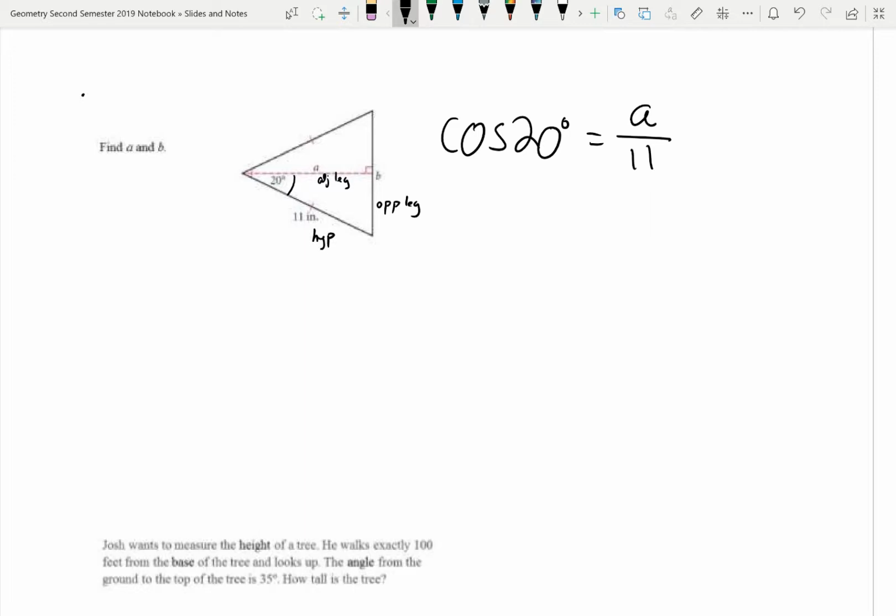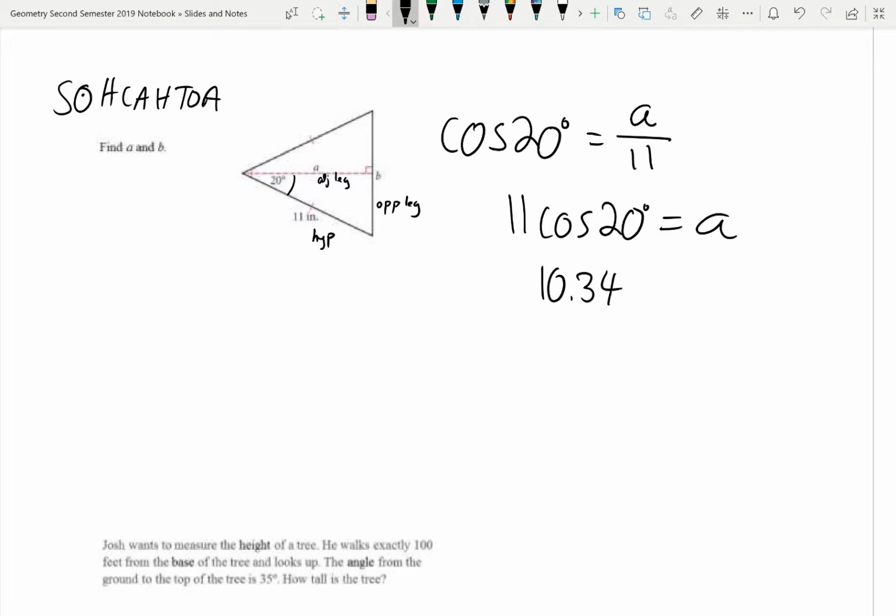Going back to SOHCAHTOA, the cosine is CAH, the adjacent leg over the hypotenuse, so a over 11. Multiply both sides by 11: 11 cosine of 20 degrees equals a. And so you get about 10.34 inches. It's approximately equal to a.